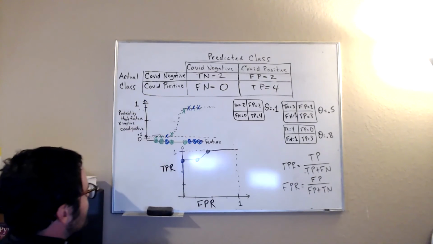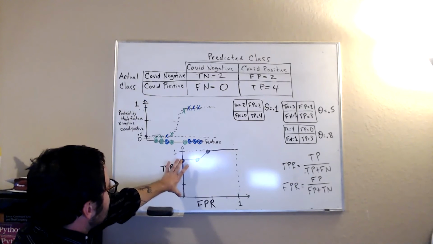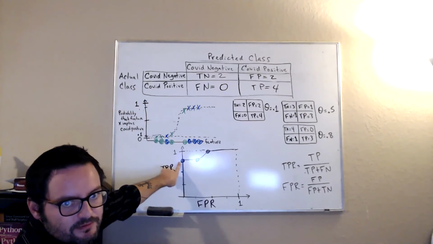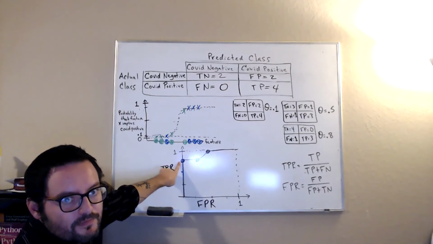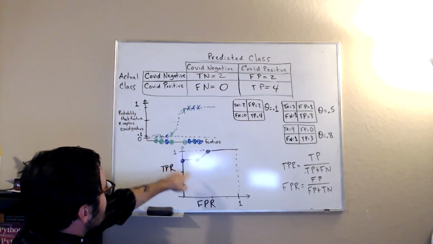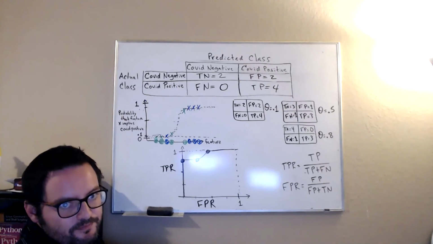Here you have 0 false positives at that threshold, and your true positive rate is at 3/4.